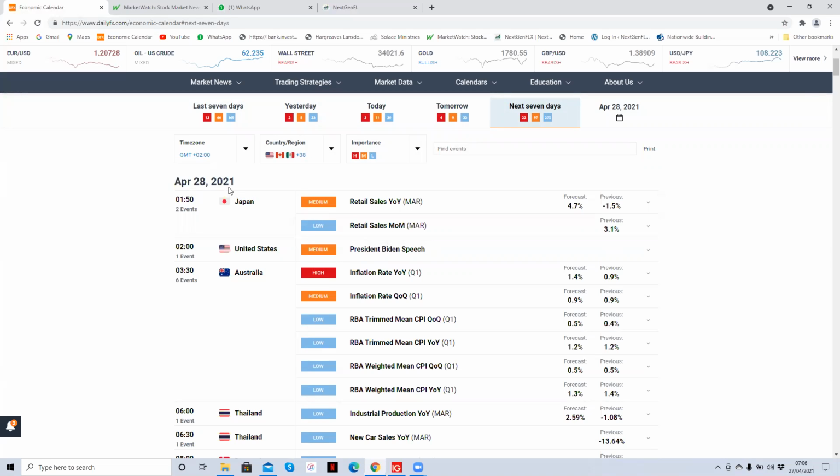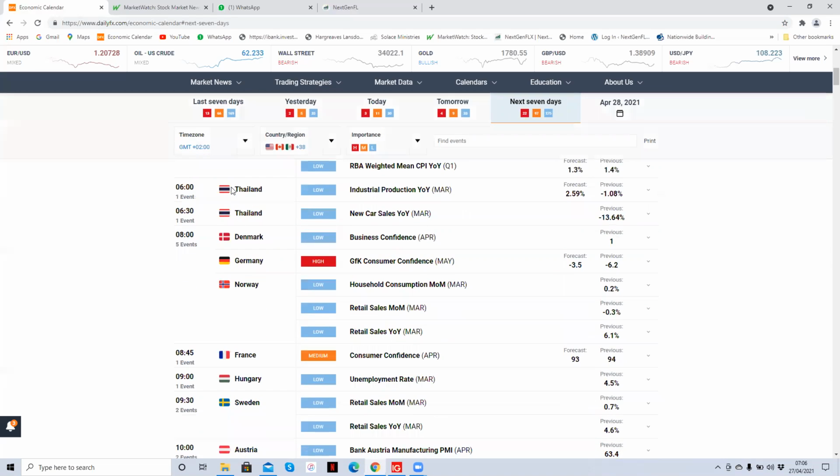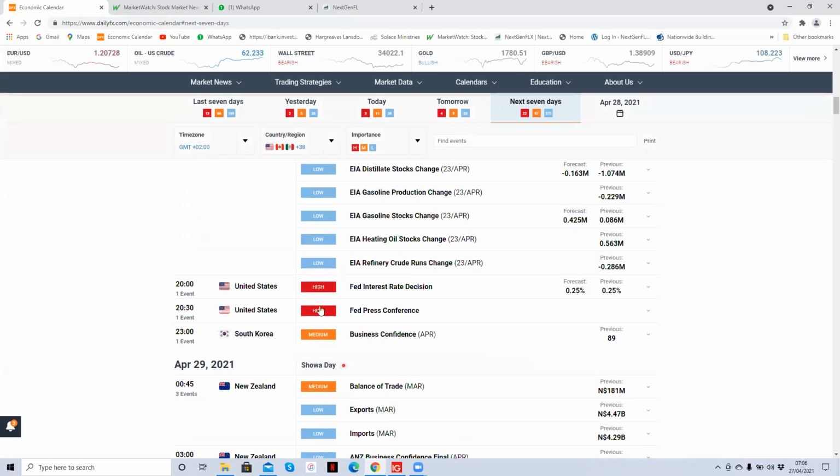So tomorrow is Wednesday the 28th, and tomorrow we have a huge report coming out tomorrow evening, the US Fed interest rate decision. Again, being the United States, that's going to have an impact on all markets, all currency pairs, all stock markets, all commodities markets.